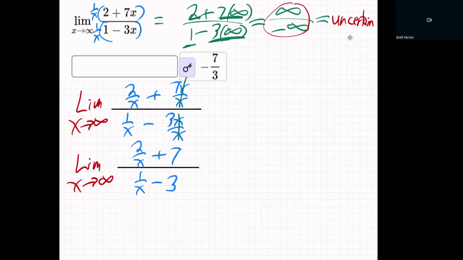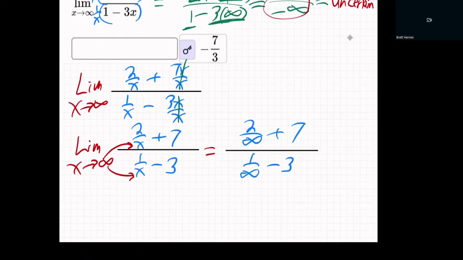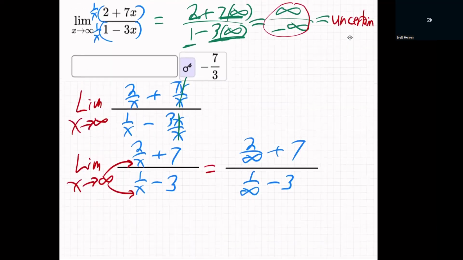Now let's plug in the infinities again. Plug in the infinity here, plug in the infinity there. What do you get? Well, you get 2 over infinity plus 7, over 1 over infinity minus 3, right? Now, what is 2 over infinity? Well, that's 0. And what's 1 over infinity? That's 0. Are we clear on that?